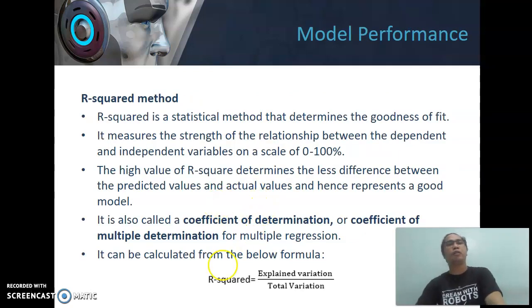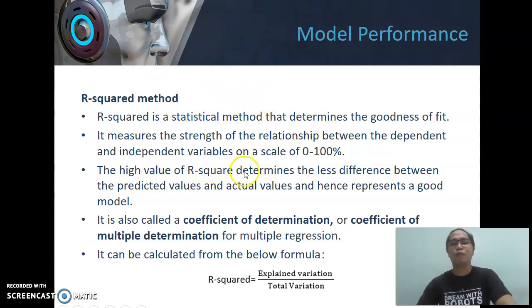The goodness of fit determines how well the line of regression fits the set of observations. The process of finding the best model out of various models is called optimization. It can be achieved using the R-square method. R-square is a statistical method that determines the goodness of fit. It measures the strength of the relationship between the dependent and independent variables on a scale of 0 to 100%.